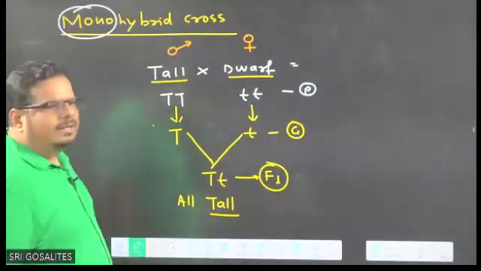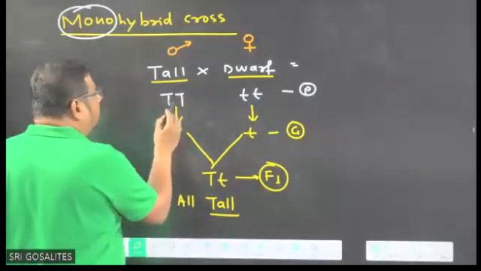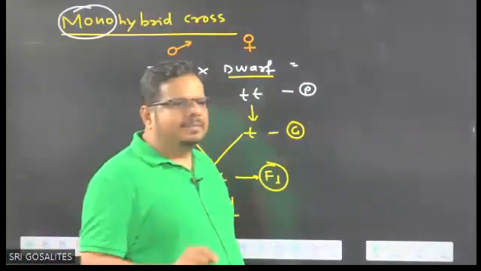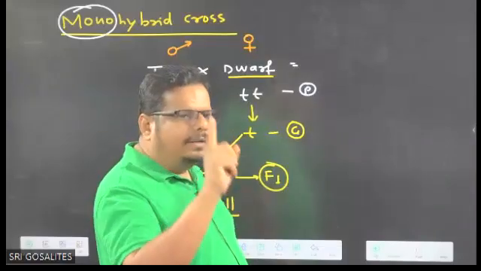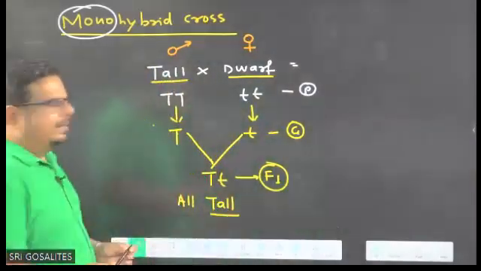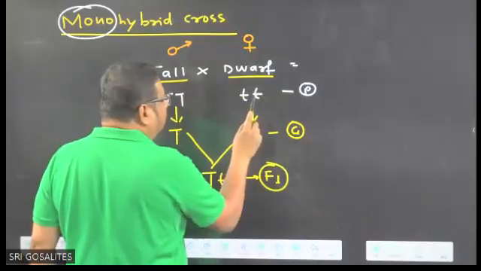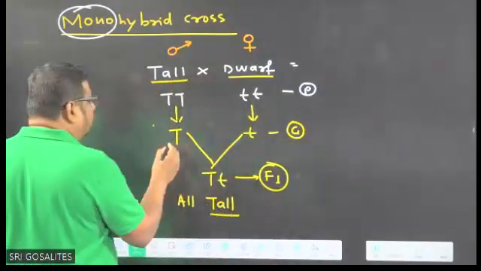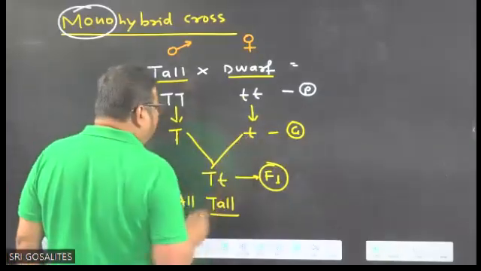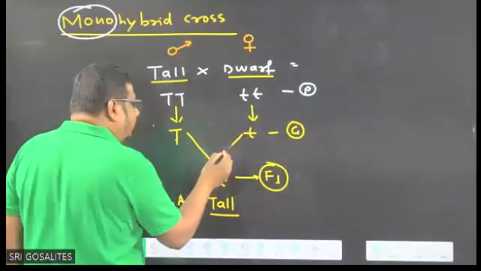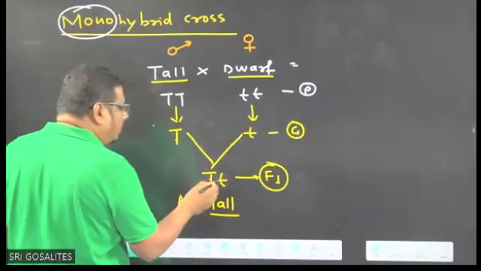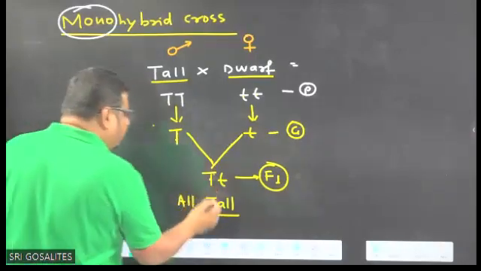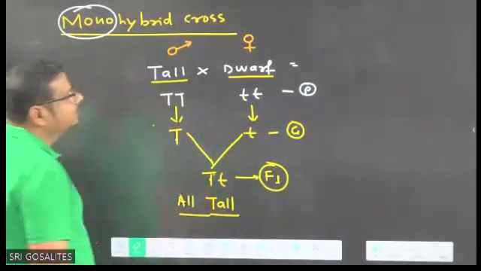Out of 2 capital T, only 1 will come in the gamete. Out of 2 small t, only 1 will come in the gamete. So the male gamete is capital T, the female gamete is small t. The male and female gametes fuse together, forming capital T, small t. But when Mendel grew this plant, he found it came out tall.